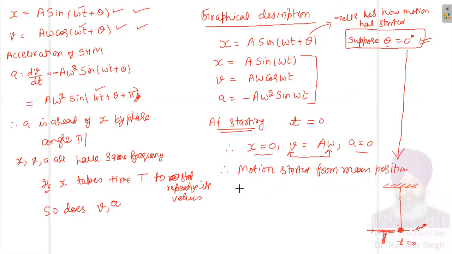So what will happen if I put omega t is equal to pi by 2? Let us see now. Let us do it for pi by 4 for the time being.